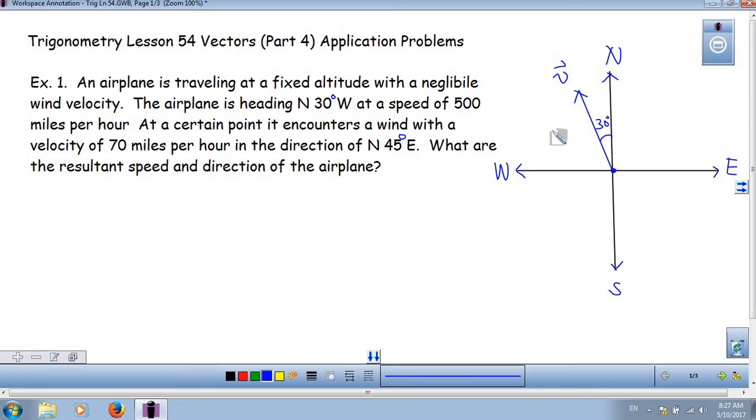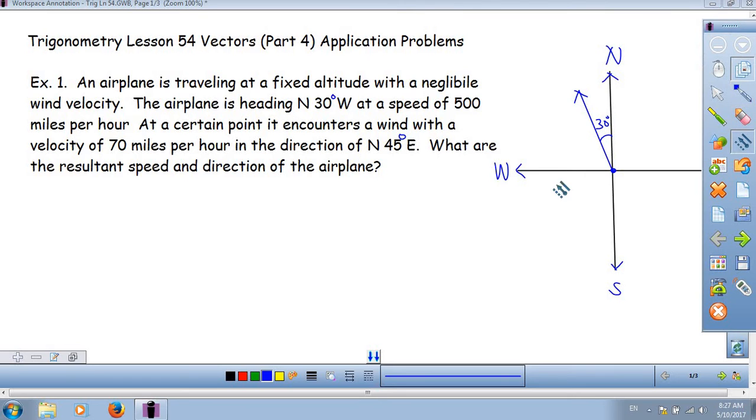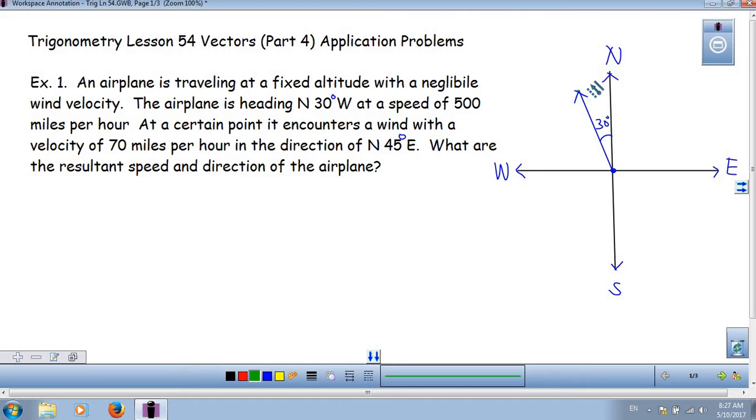Then at a certain point there was a wind of 70 miles per hour in the direction of north 45 degrees east. So we have a wind velocity, I'm going to use green here, at 45 degrees, north 45 degrees east.